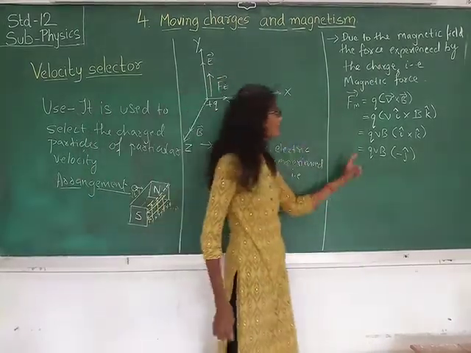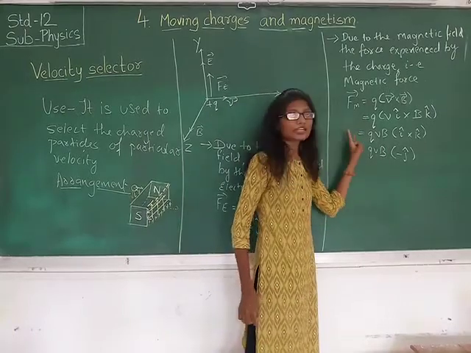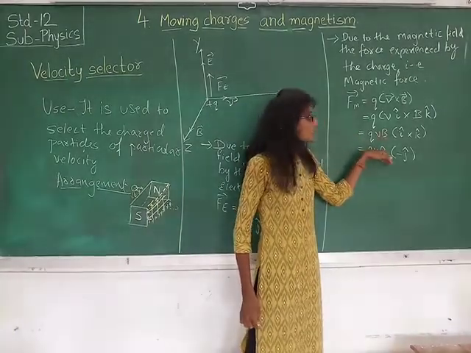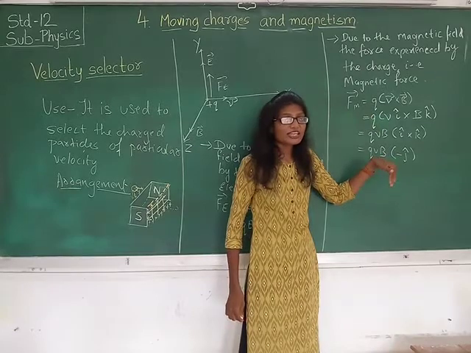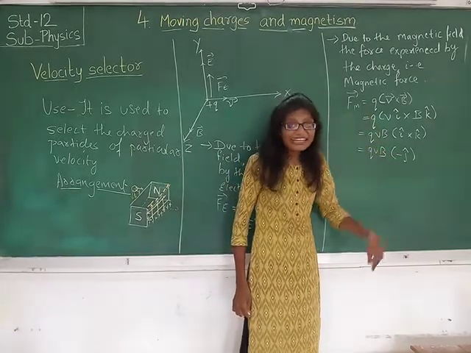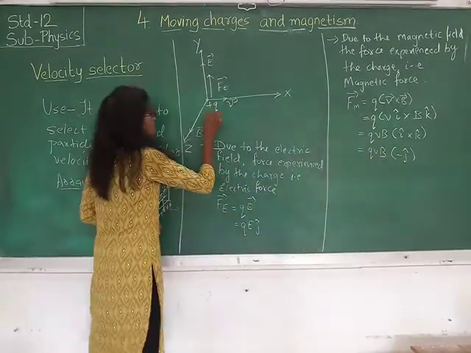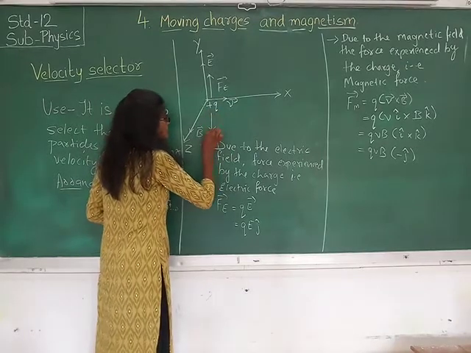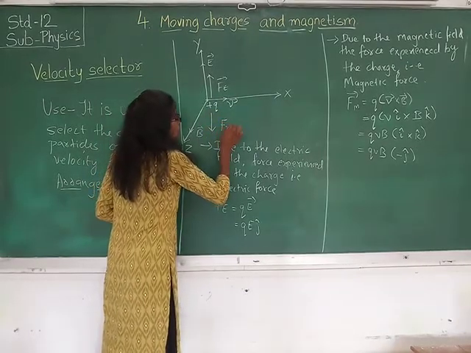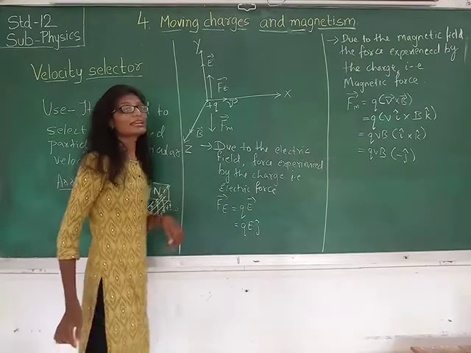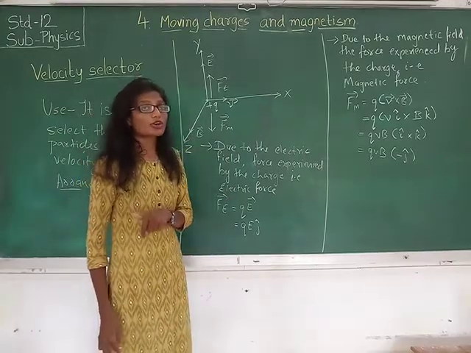And over here what we are getting? The direction of the magnetic force is towards minus j cap. Minus j cap, that means what? Towards the negative y-axis. That means the magnetic force is along negative y-axis, that is opposite to that of the electric force.